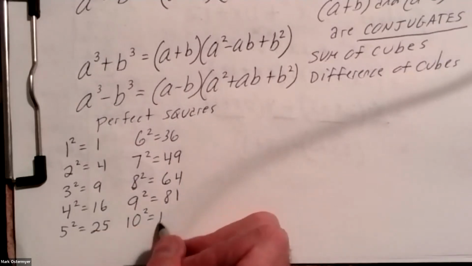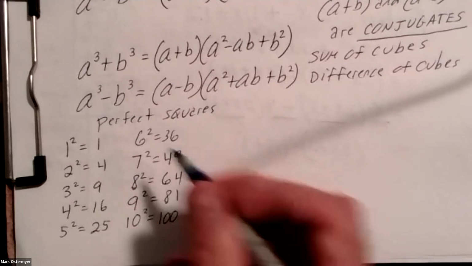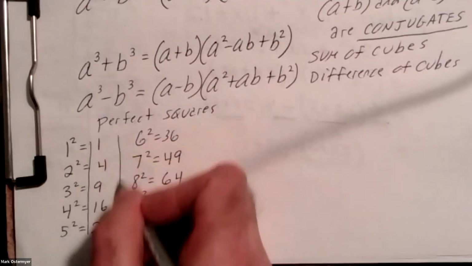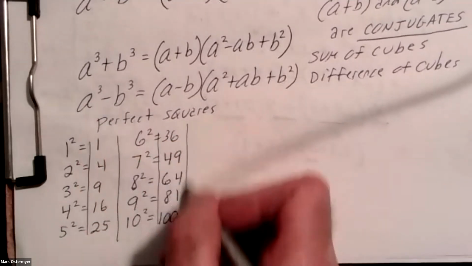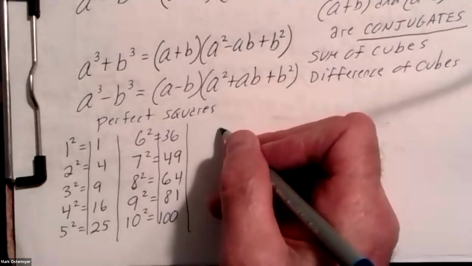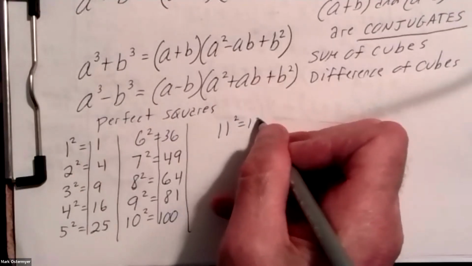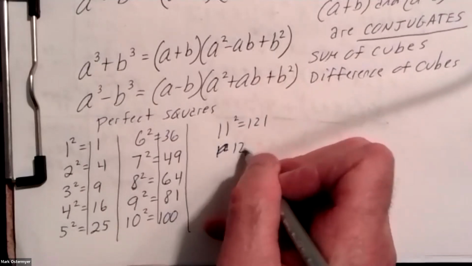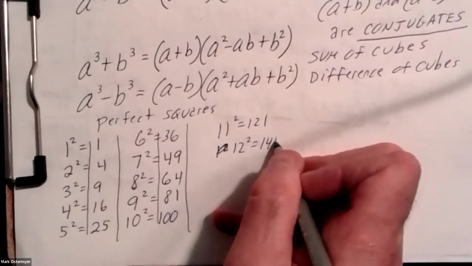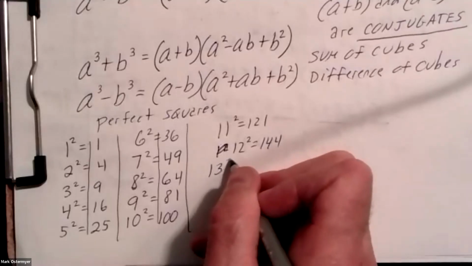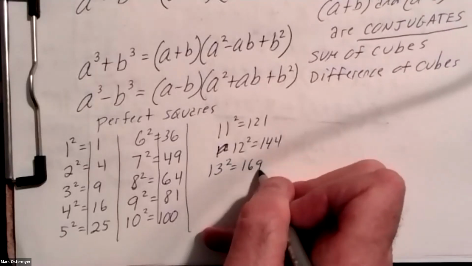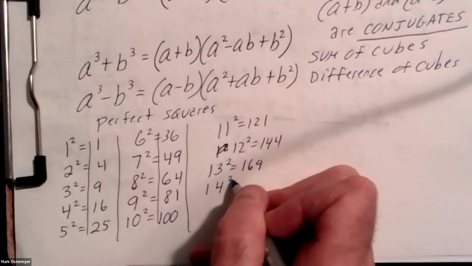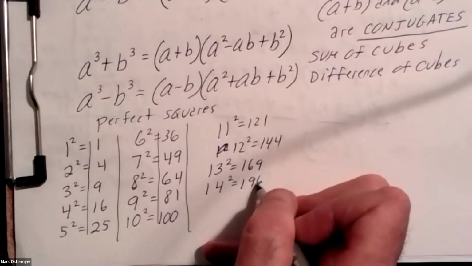100 is a perfect square of 10. So all these numbers to the right of the equal signs are called perfect squares. 121 is a perfect square of 11. 144 is a perfect square of 12. Perfect square of 13 is 169. Perfect square of 14 is 196.